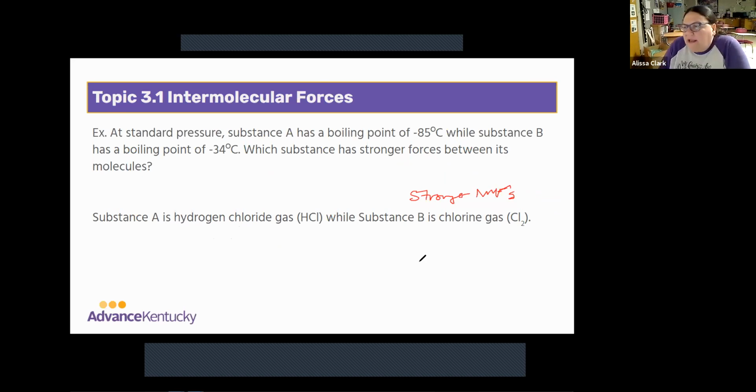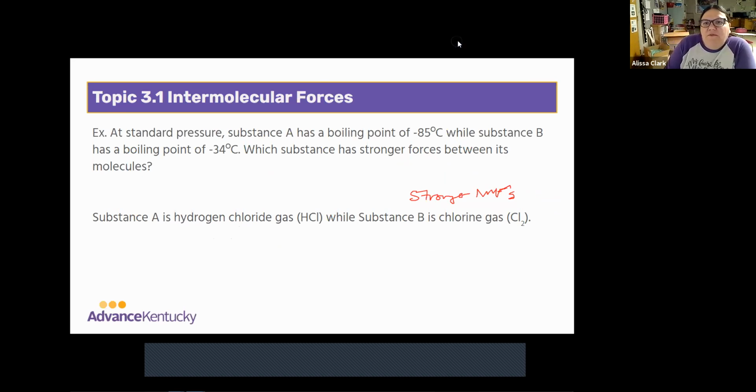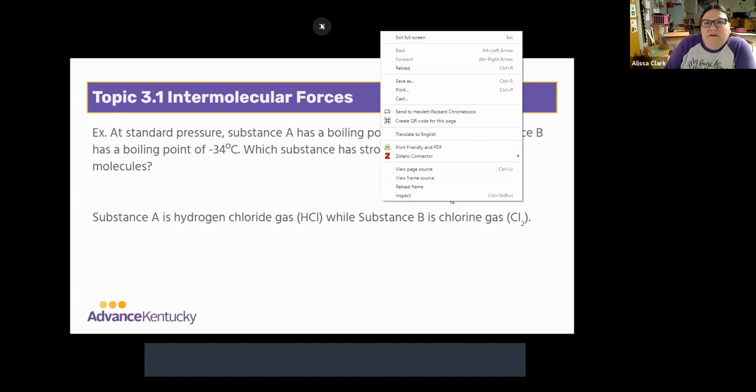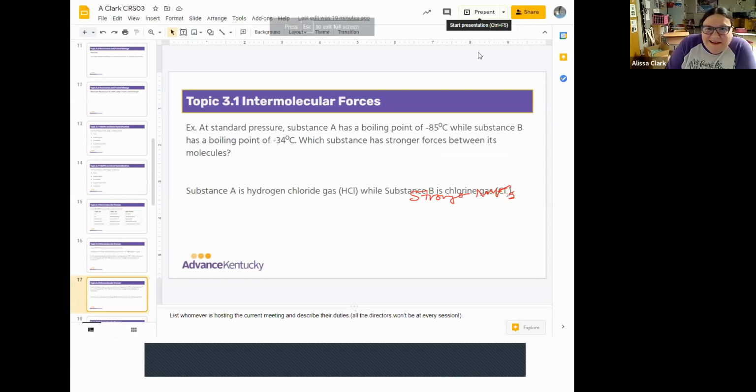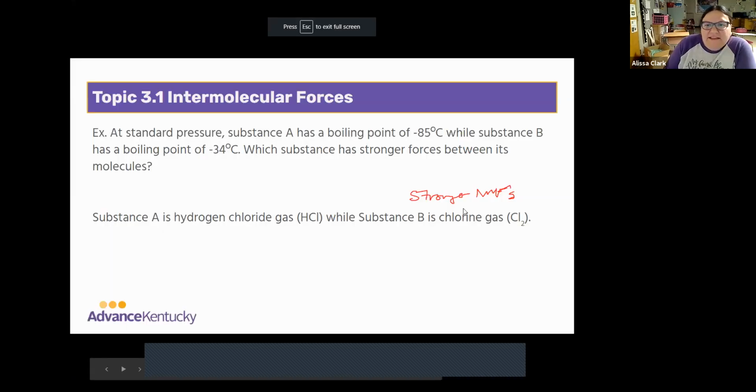So here's what I would like my student participants to do. If you go up to the top of your shared screen, there is going to be a little button that is going to let you annotate.